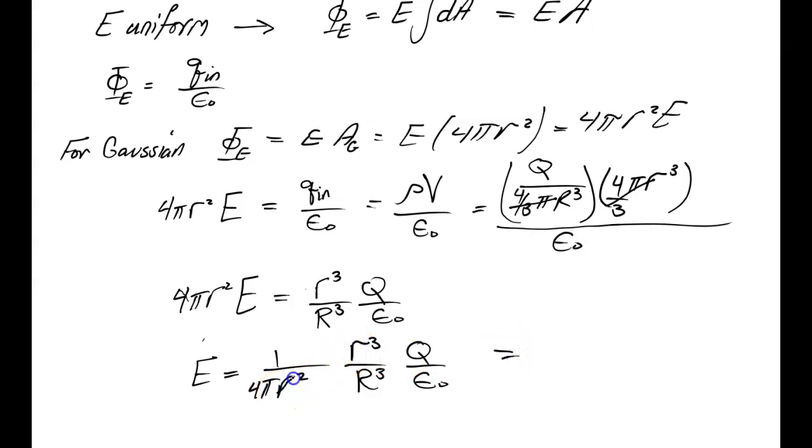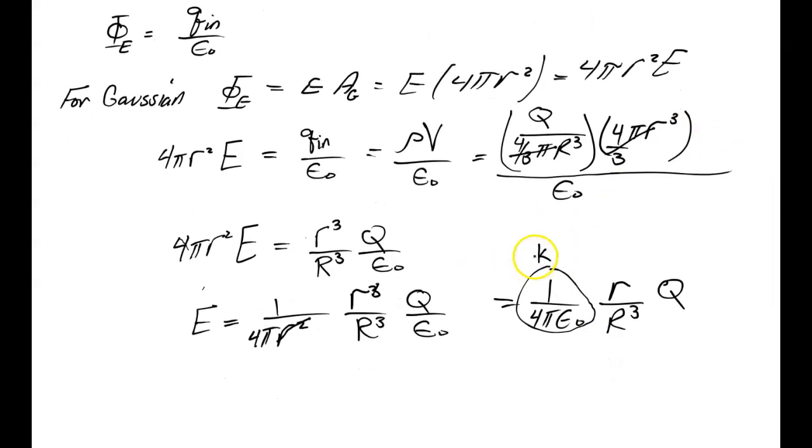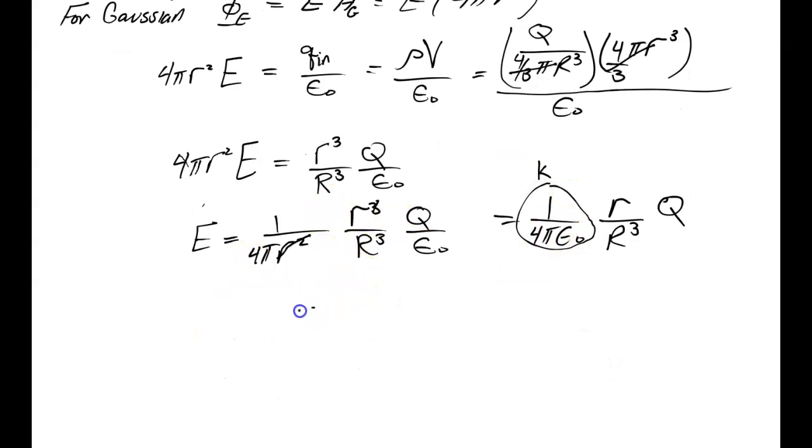Notice that the little r's reduce, and I have 1 over 4 pi epsilon naught times little r over big R cubed times Q. But if you remember, we called this K in chapter 21. So I can say that the electric field is K Q r over R cubed.